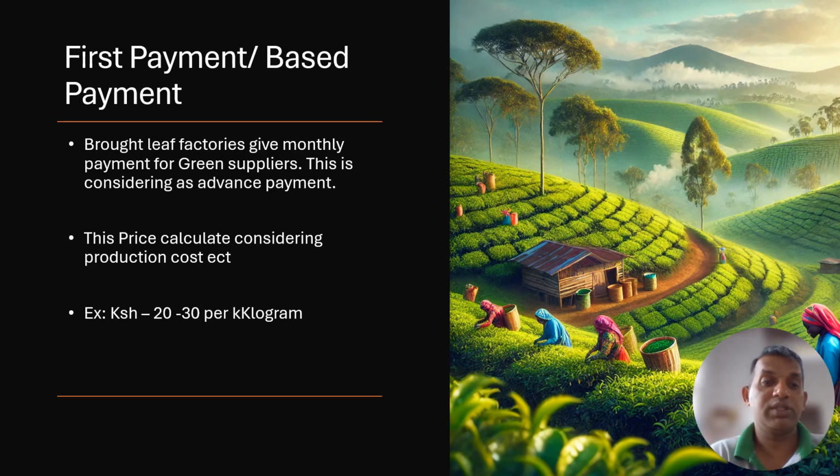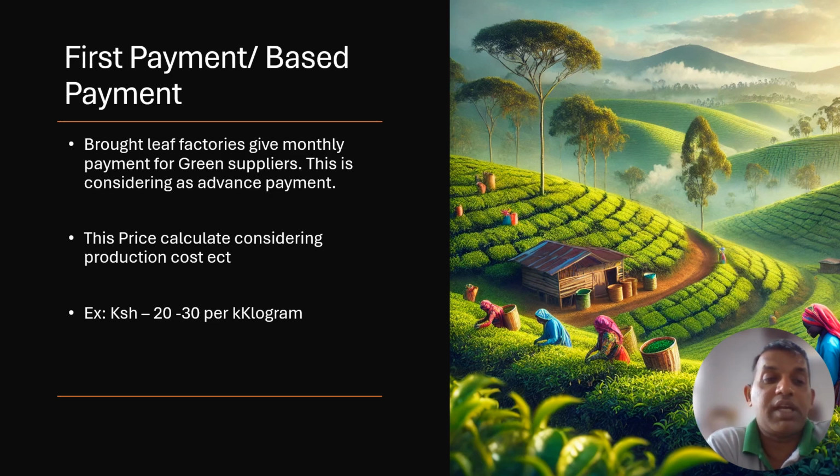Normally the factories give monthly payments to the supplier. When defining the advance payments, they consider what the price is for the factory, what the other costs are, and what the other impacts are. Based on that, all the factories pre-agree prices for the first payments, or the base payments.